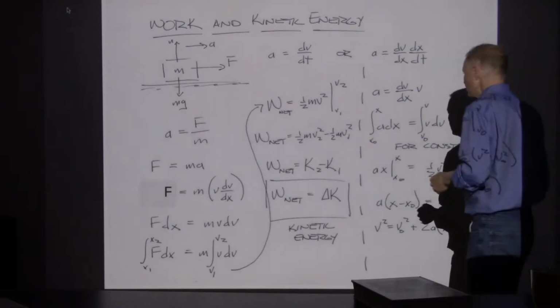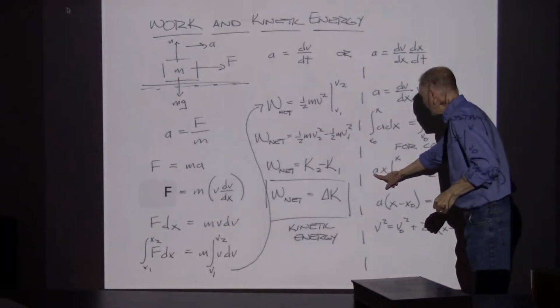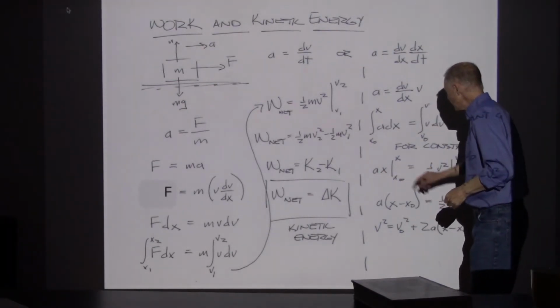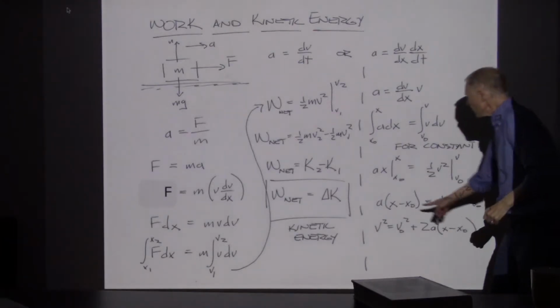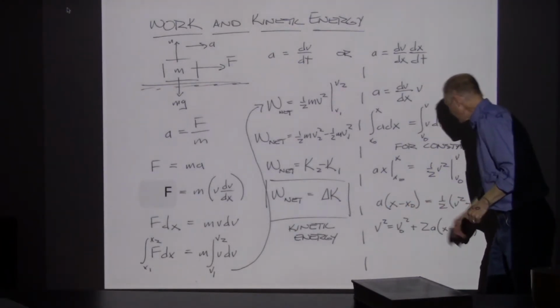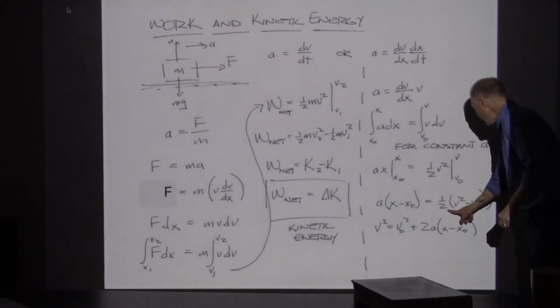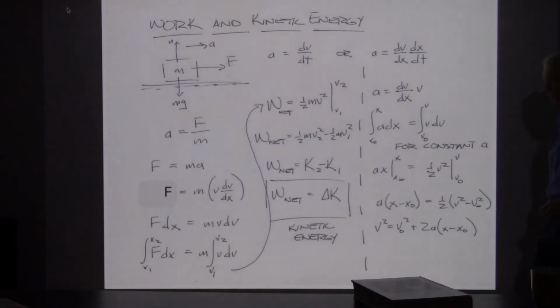If the acceleration is constant, then a x, evaluated between x naught and x on the left, 1/2 v squared evaluated between v naught and v on the right, that would give us a times x minus x naught equals 1/2 v squared minus v naught squared. That would give us one of our constant acceleration formulas.